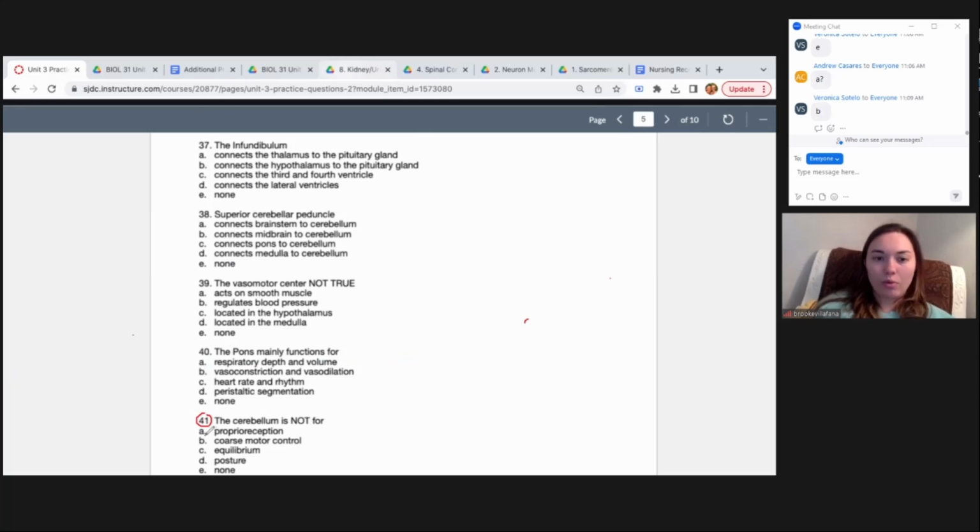Good. We know it's for fine motor control, not coarse motor control.